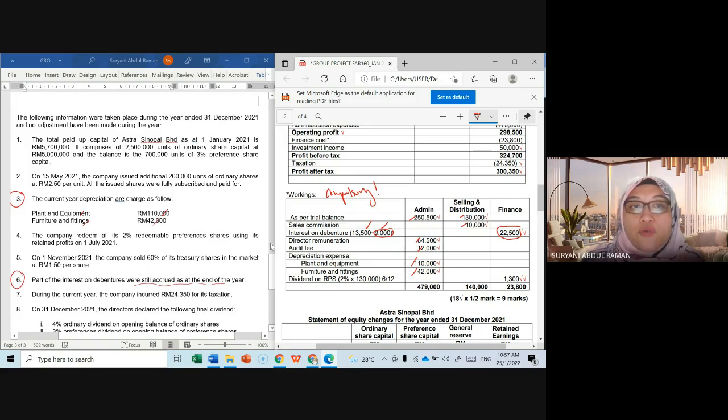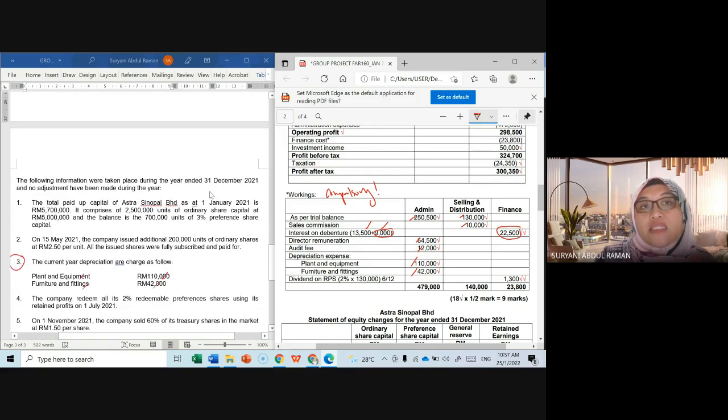Okay, boleh. So far okay, tengok number 4. The company redeem all its 2% redeemable preference shares using its retained profit. Now, there's something that you need to know. Remember the similarities between debenture and also redeemable preference share?